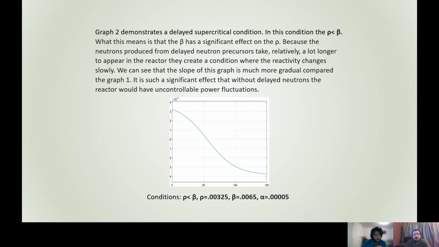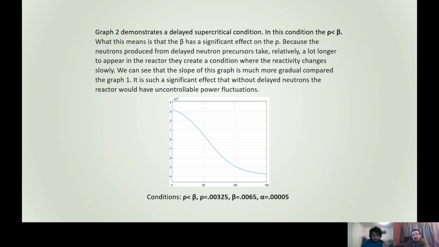And then we'll compare it with our graph 2. This graph is a delayed supercritical condition, such that our initial reactivity is less than our delayed neutron fraction. We can see here a much more gradual slope, and this creates a condition where the delayed neutrons now have an effect. They appear much slower than the prompt neutrons.